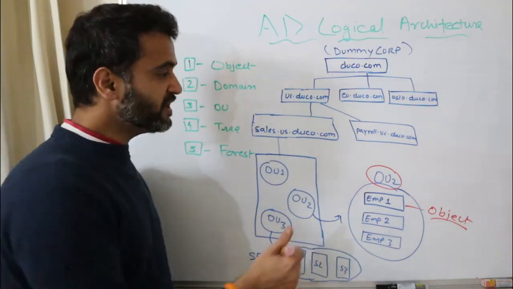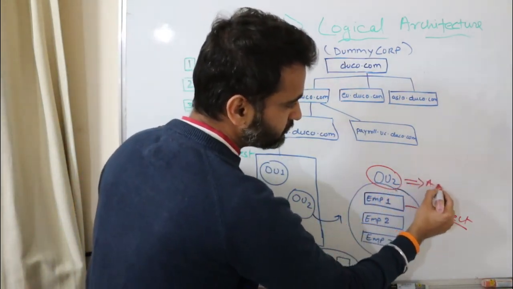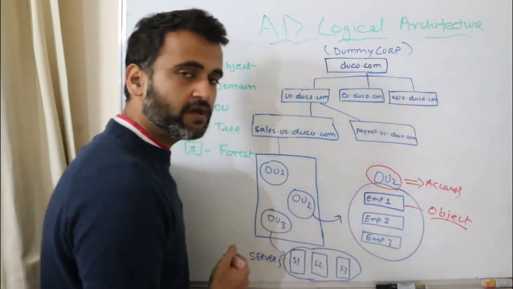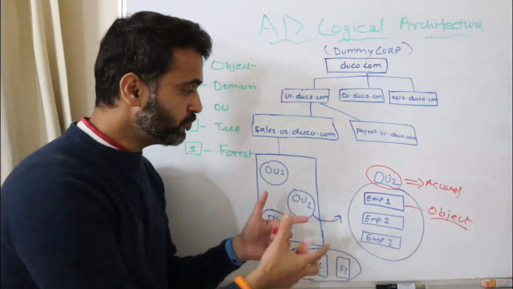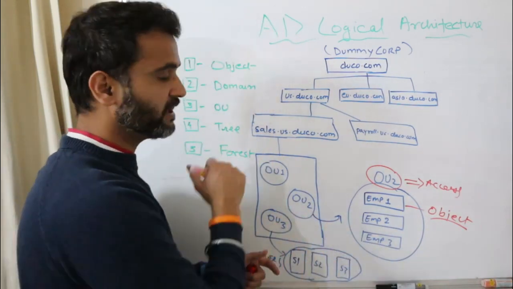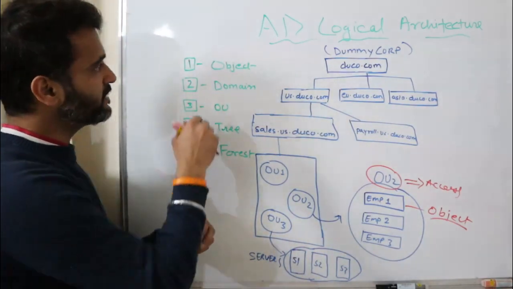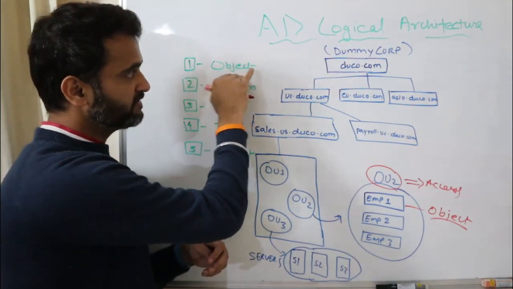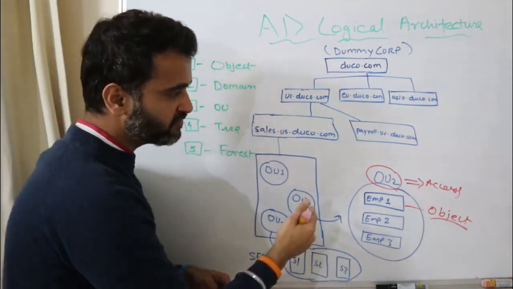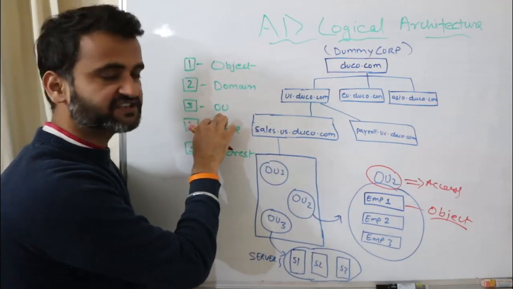They can give the access at OU level, and that can be propagated down to that group of employees who have joined the sales department. So the object is the most basic entity, and objects are organized under OUs, which are organizational units.